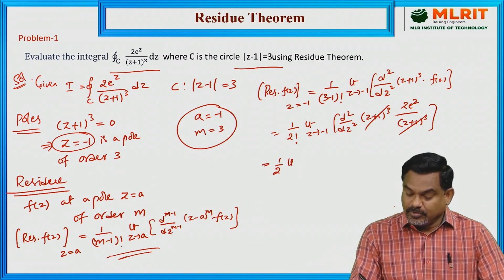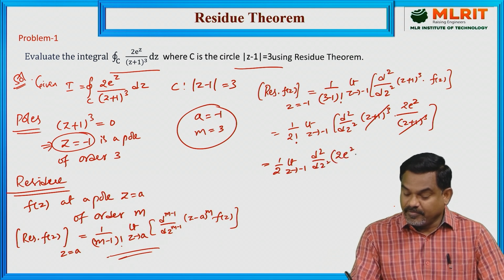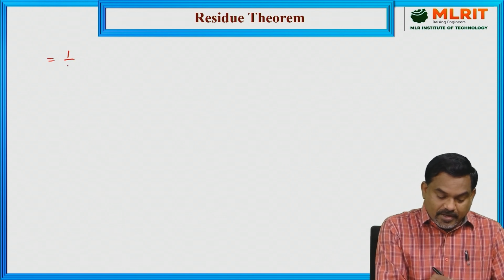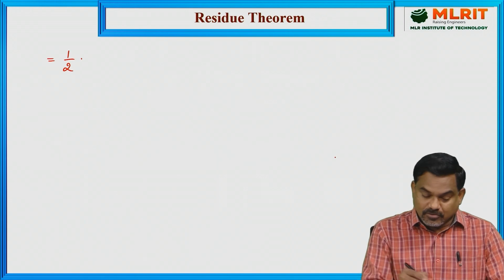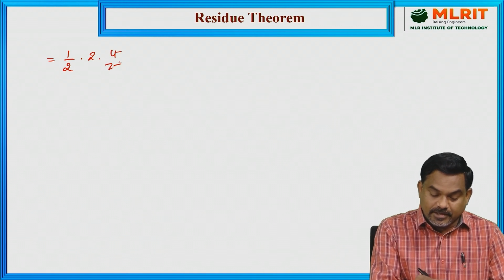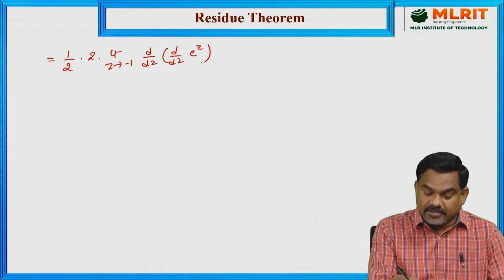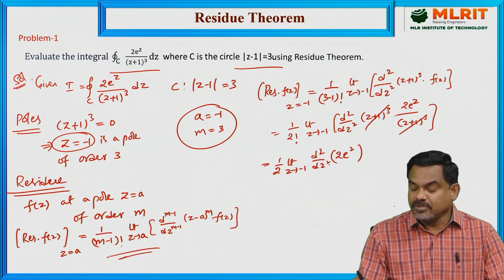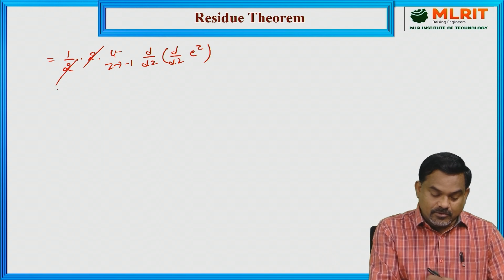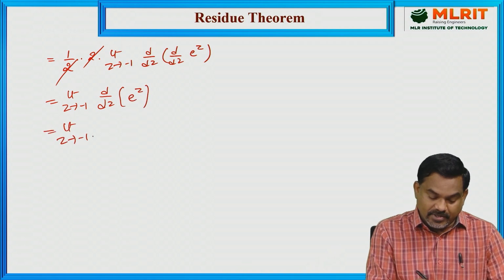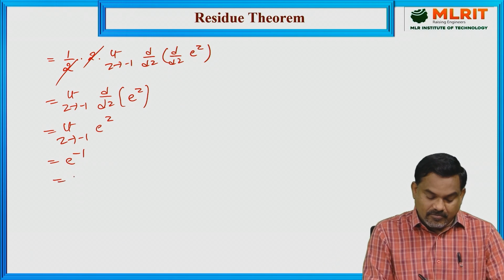So 1 by 2 into limit z tends to minus 1, the second derivative of 2 e power z. 1 by 2 factorial is 1 by 2, and the 2 comes outside, so these two get cancelled, limit z tends to minus 1, the second derivative of e power z. The derivative of e power z is e power z itself, so again differentiating we get the same function. So the answer is 1 by e.